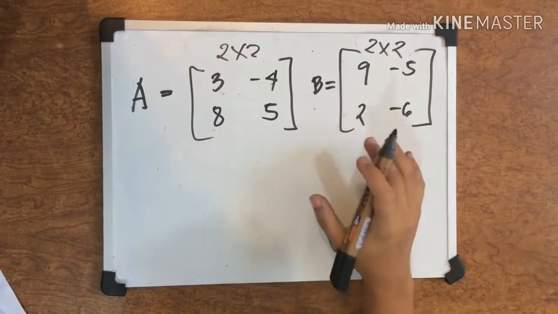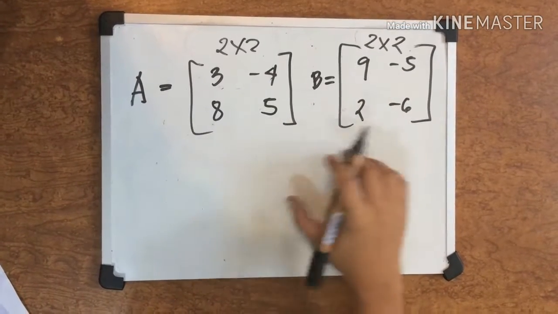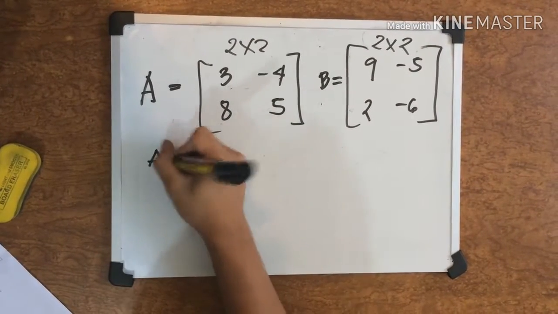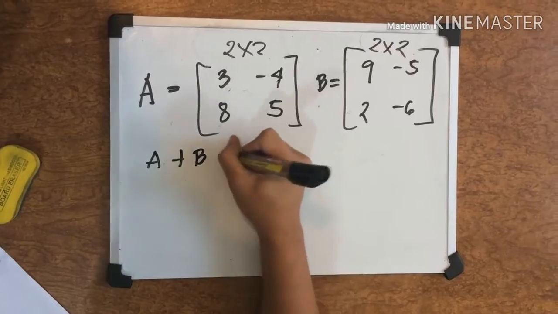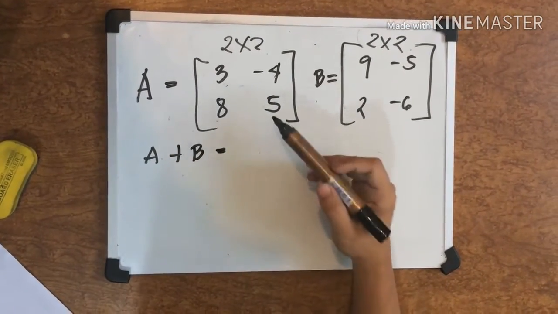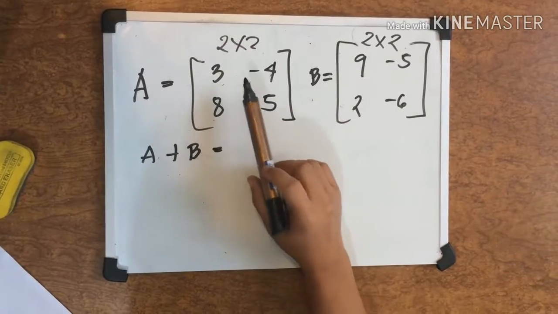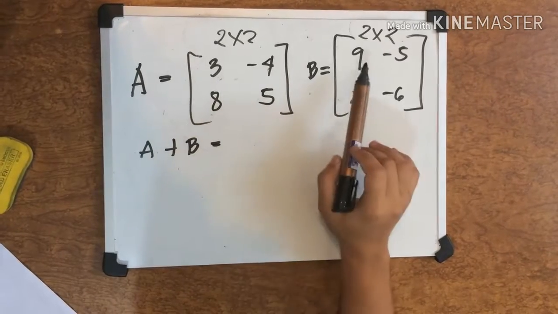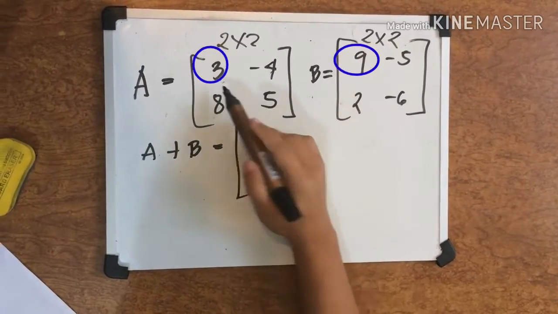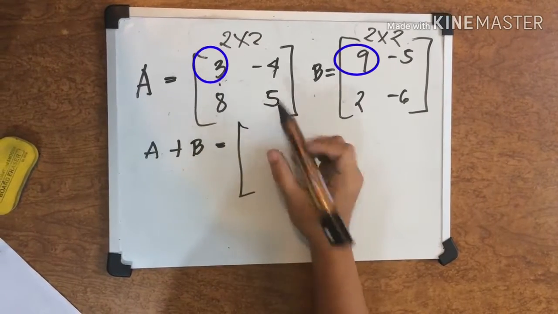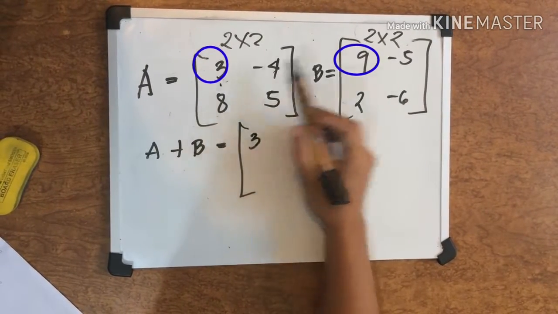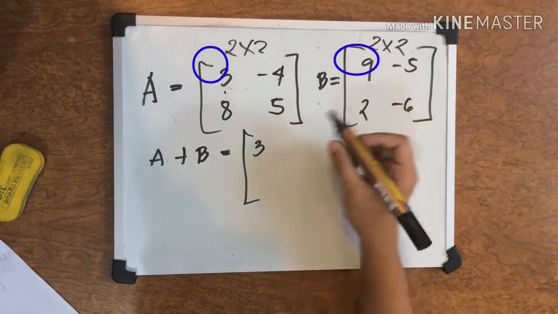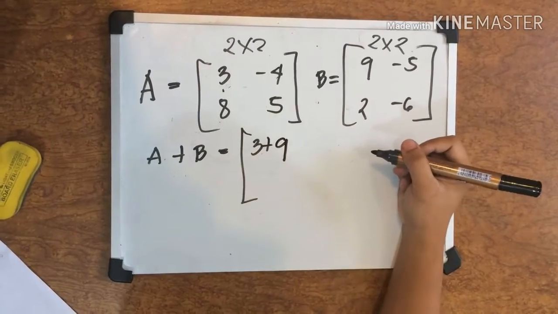And now we can go ahead and add this example. So let us add A plus B. All we have to do is add the corresponding entries of both A and B. In the first row and column, we have 3, which is to be added to 9.